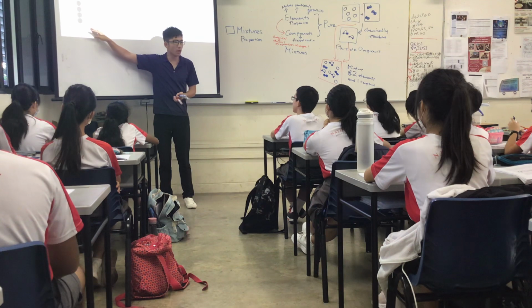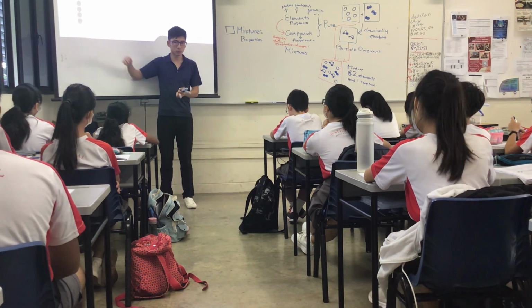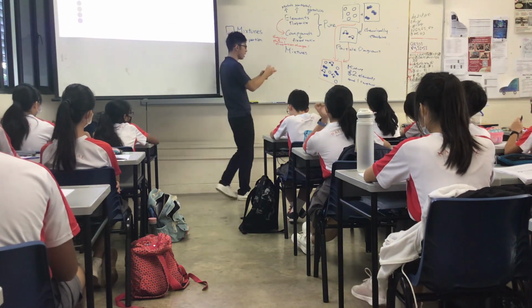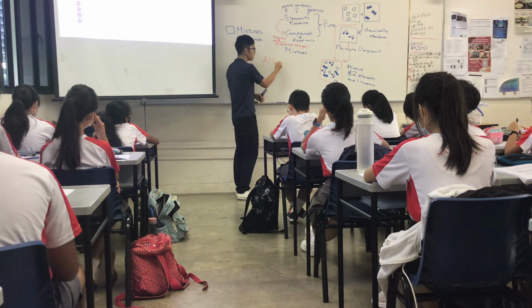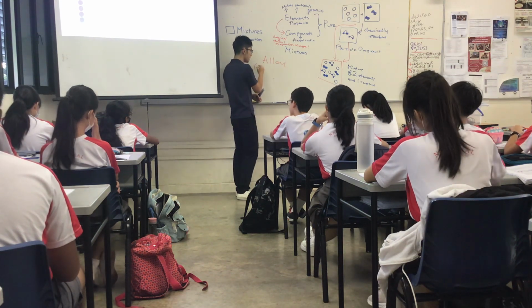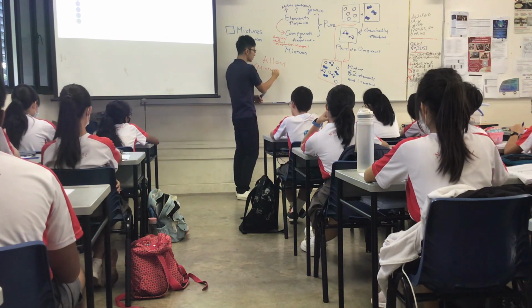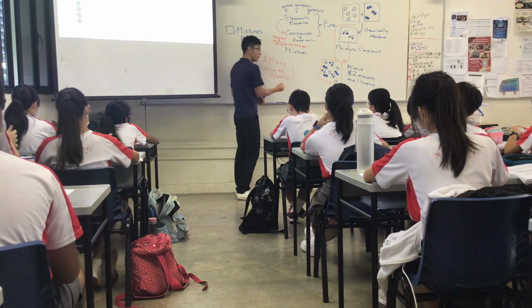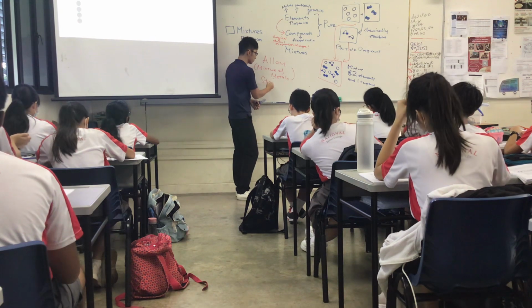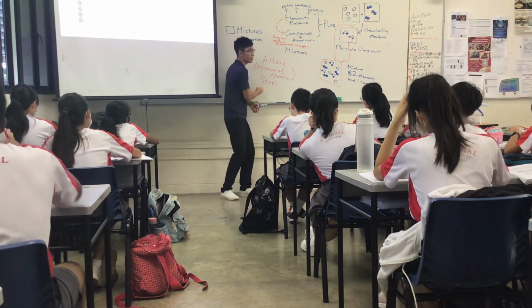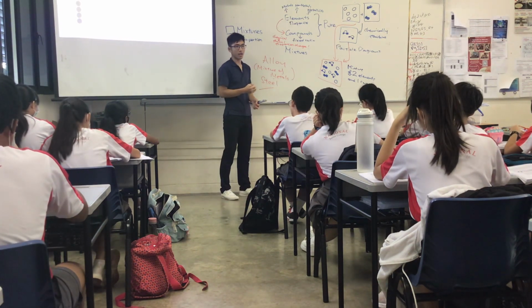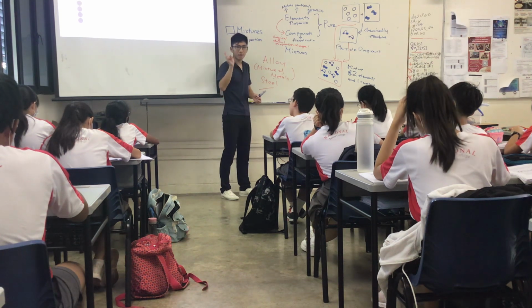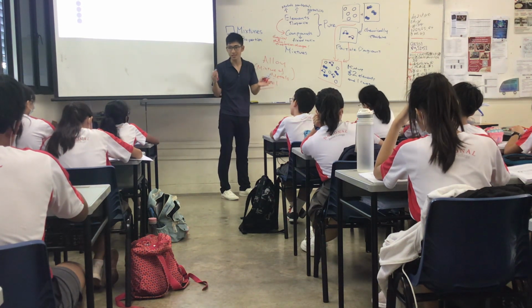Have you heard of the word alloy in primary school? Some of you have, some of you may not. If you ever see the word alloy, it means to say it's a mixture of metals. For example, steel. Steel is not a compound or an element. You cannot find it anywhere in your periodic table, steel.